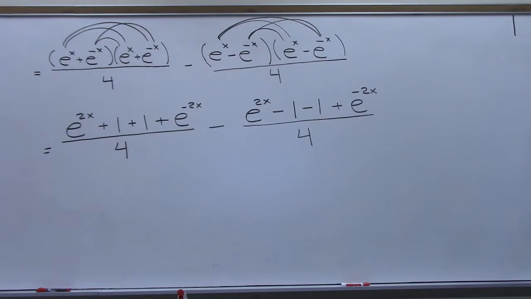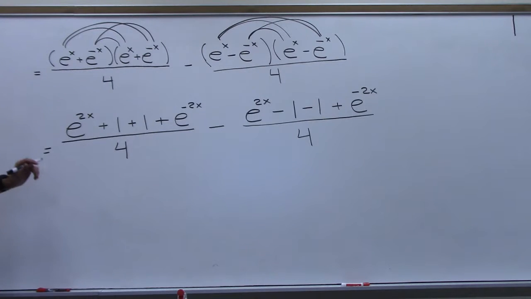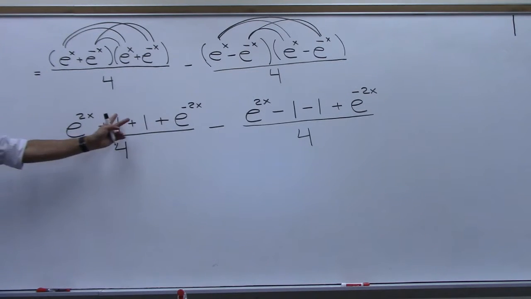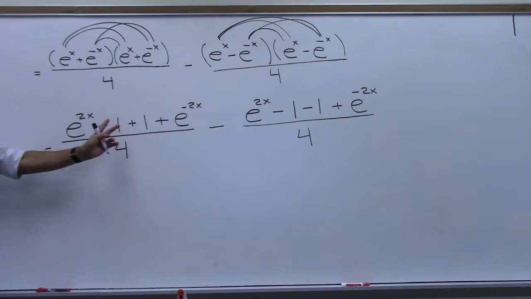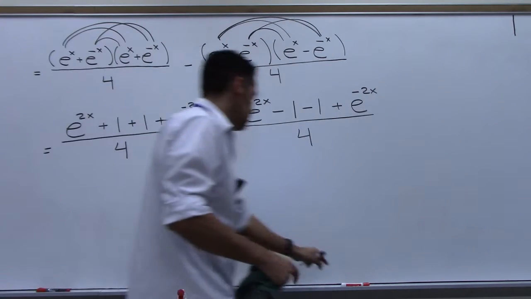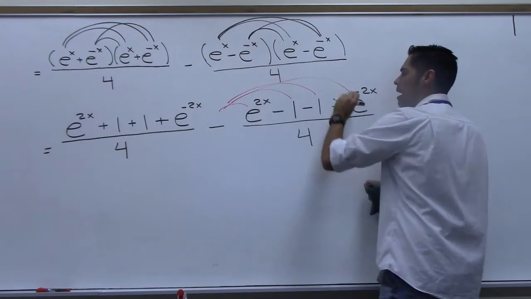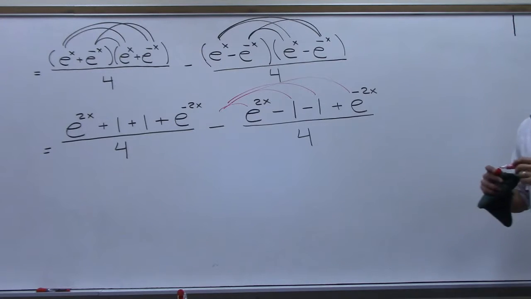And now, we have several options on how we could do this. Everything's over 4, isn't it? Yeah, right. Everything's over 4. So why don't I distribute the negative through and then just put the whole thing over 4? Yeah?